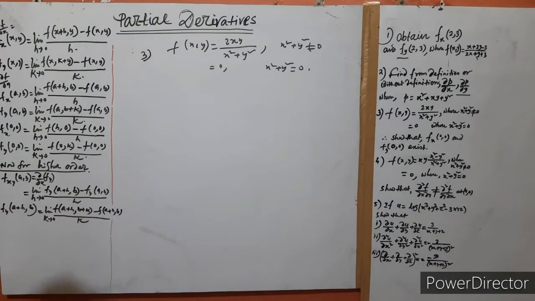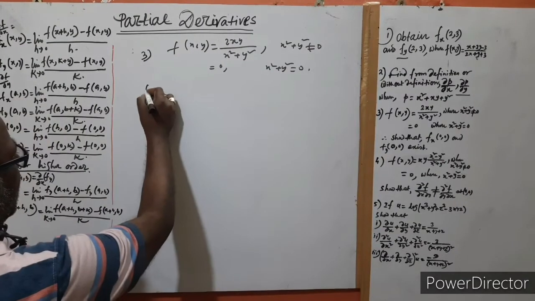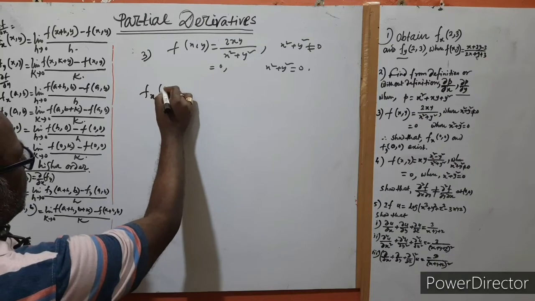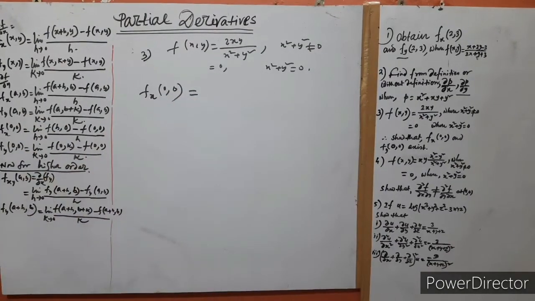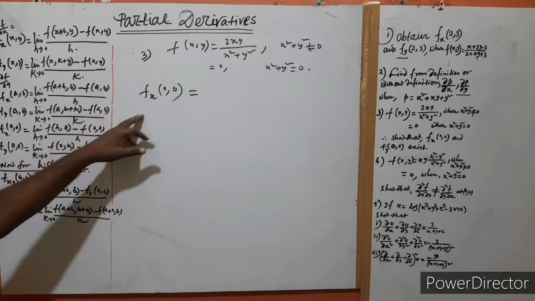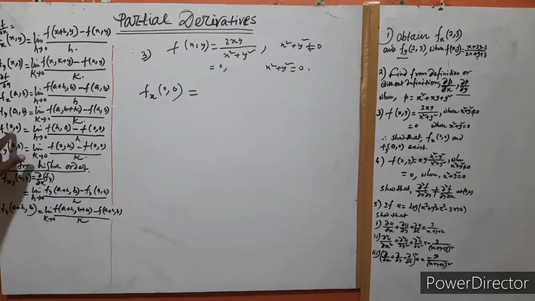Now we have to find the value of f_x at (0, 0).